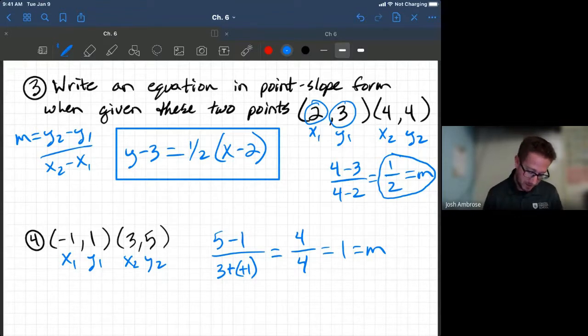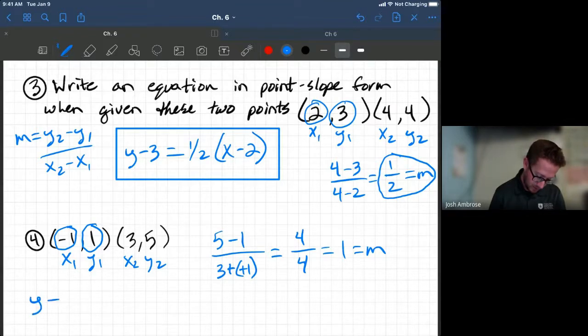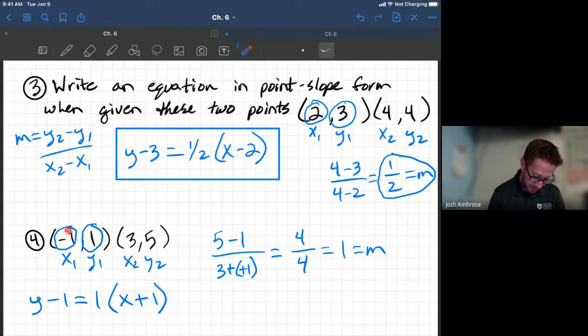So now that we have our slope, here is our x value, here is our y value, and let's put them into the point slope equation. Y minus 1 equals 1 parentheses x. Now here's a perfect example, plus 1. Why am I doing that? Because I have a plus here, and normally there would be a minus here with a minus here.